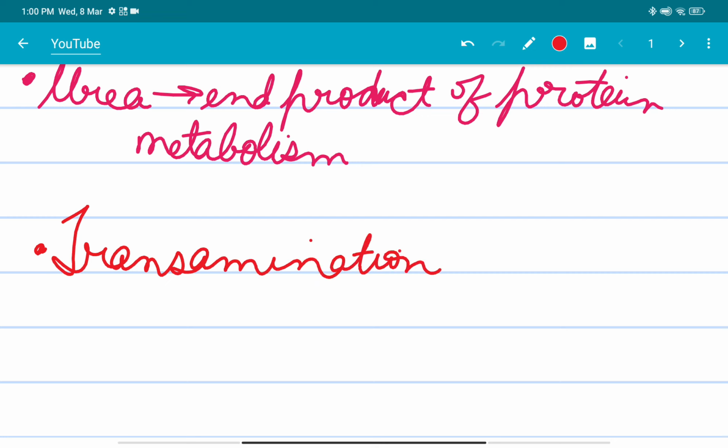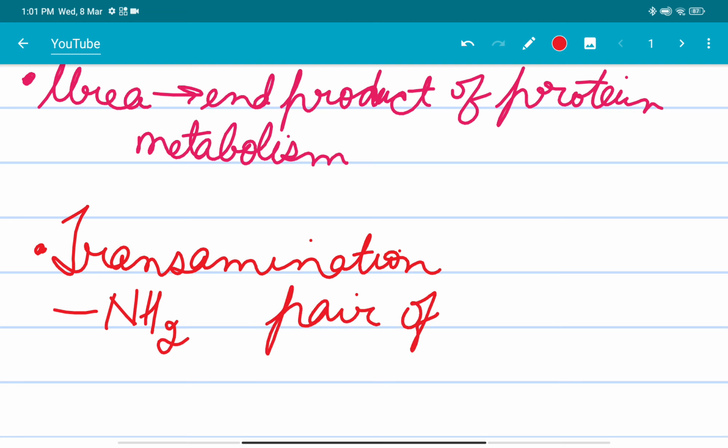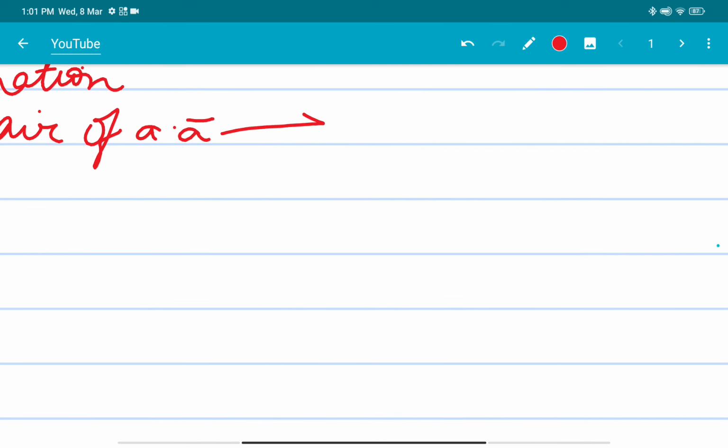Fine. Transamination refers to the shifting of the amino group. This is the amino group. So transamination refers to the shifting of the amino group from the pair of amino acid to the pair of keto acid. Fine.